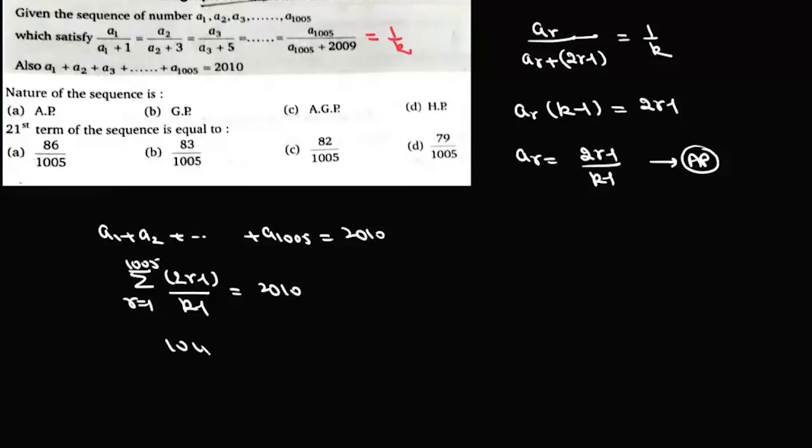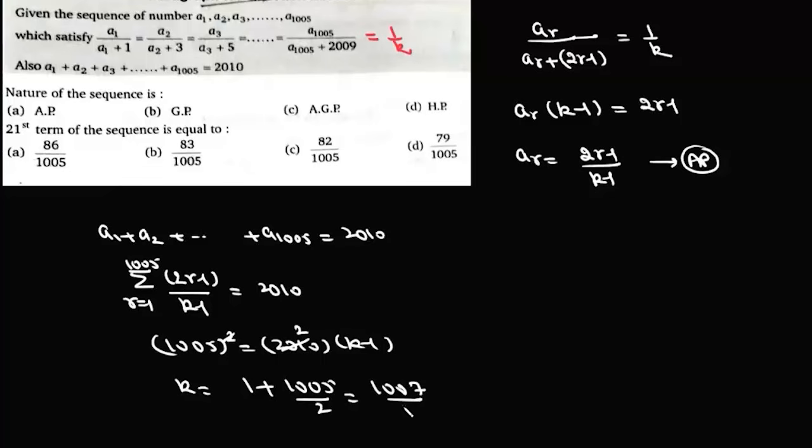So it will be equal to 1005 whole square, and this is equal to 2010 into k minus 1. Now if we cancel this, it will be simply 2, or k will be 1 plus 1005 by 2, or 1007 divided by 2.